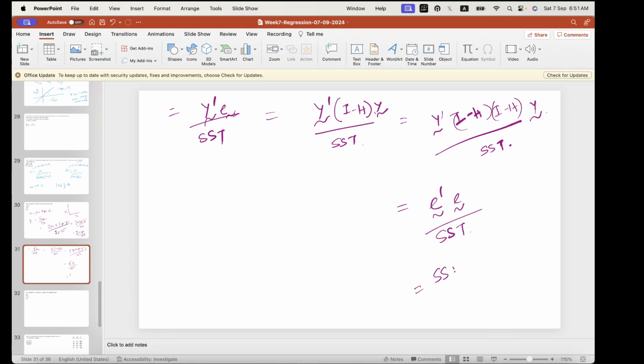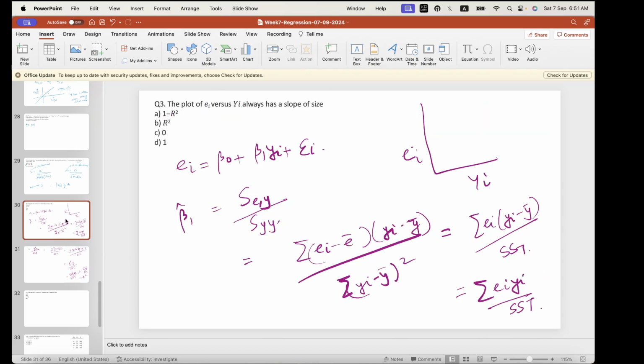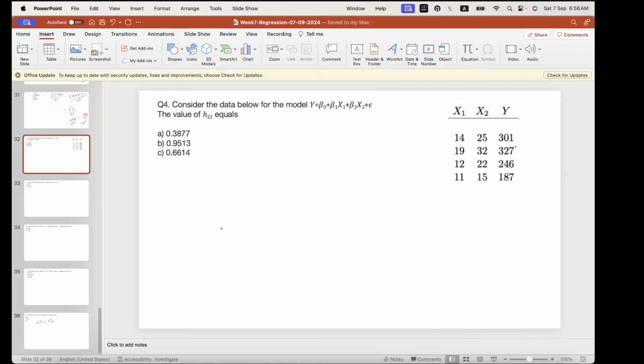So this is SS residual by SST, which is 1 minus SS regression by SST, which is nothing but 1 minus R square. Therefore, the slope of Ei versus Yi is always going to be 1 minus R square. Is it okay? Okay.